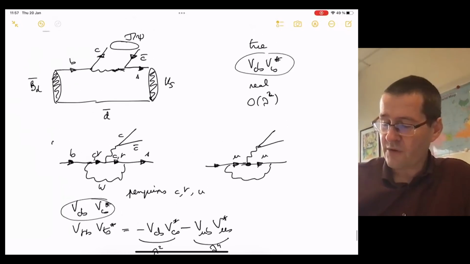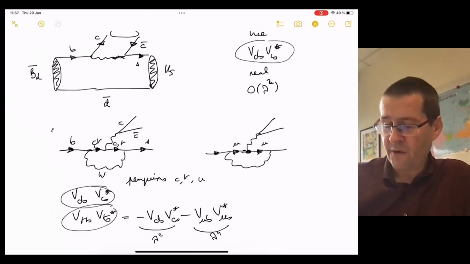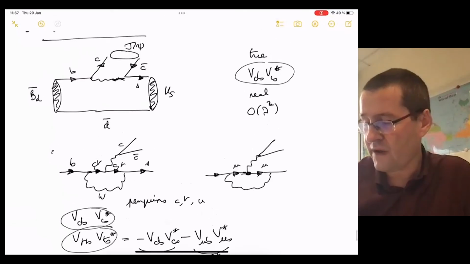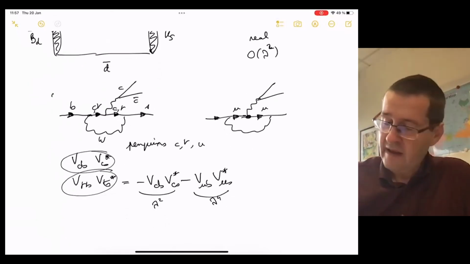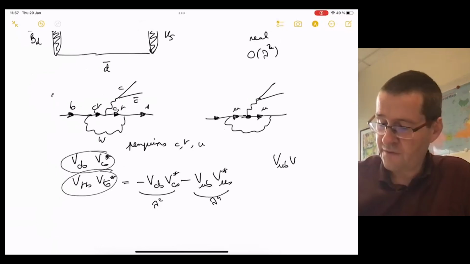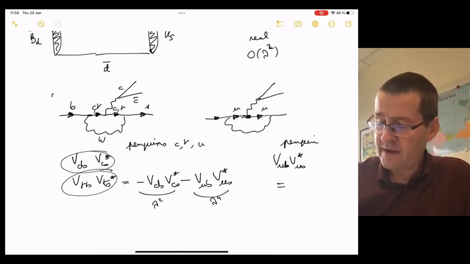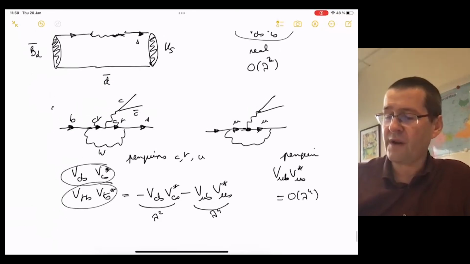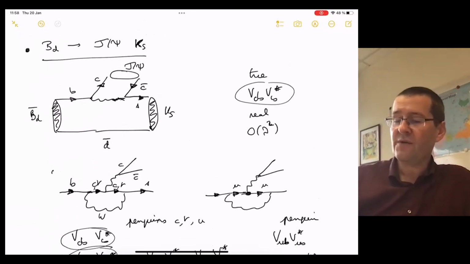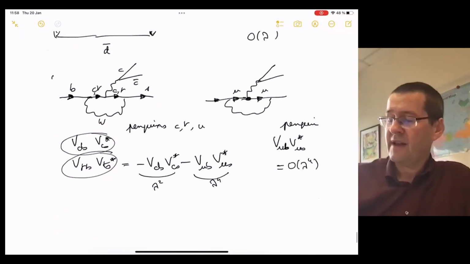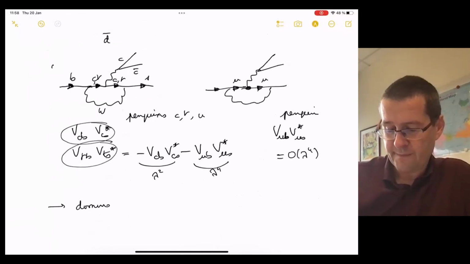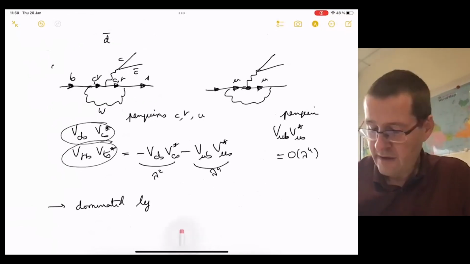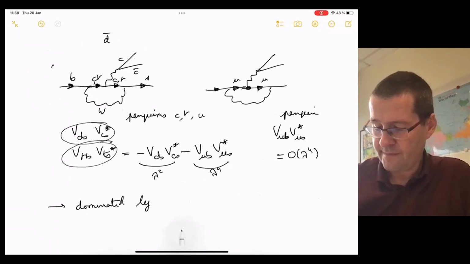So actually up to a small correction, those two contributions do have the same CKM factor as the tree contribution. And the last one has a different contribution, but it's a penguin. So it's suppressed by a loop, and it's also CKM suppressed. So what you say is that to a very good approximation, you are in the situation where this is dominated by a single weak phase.